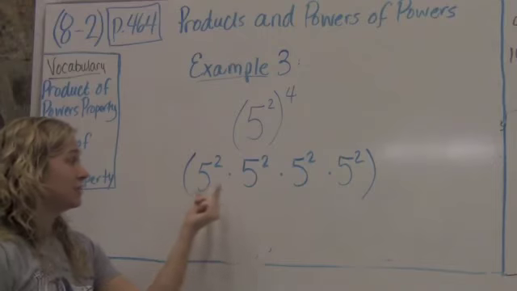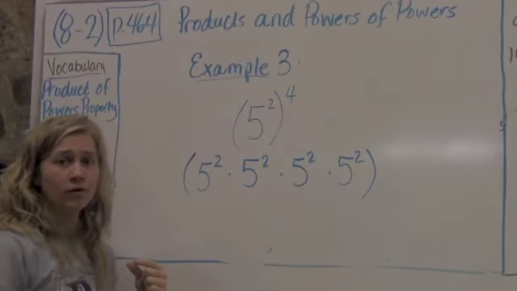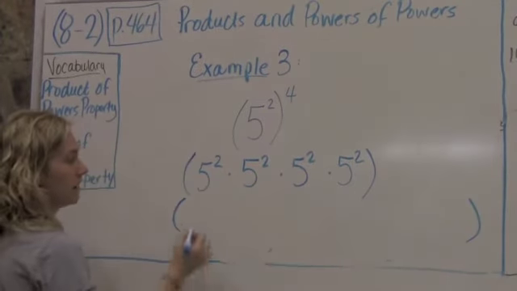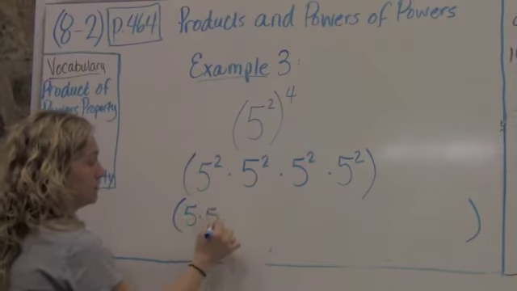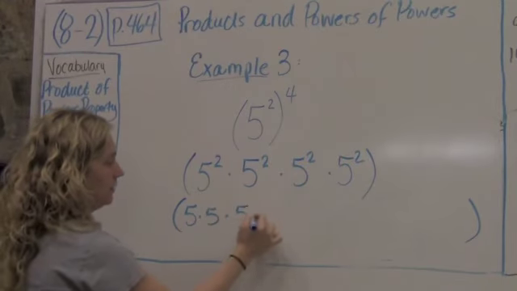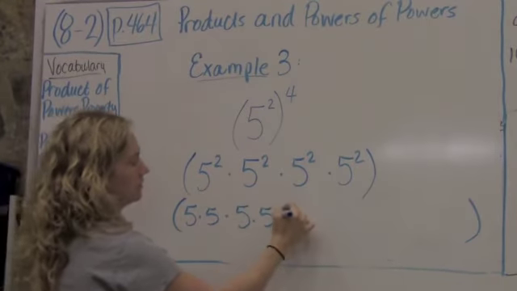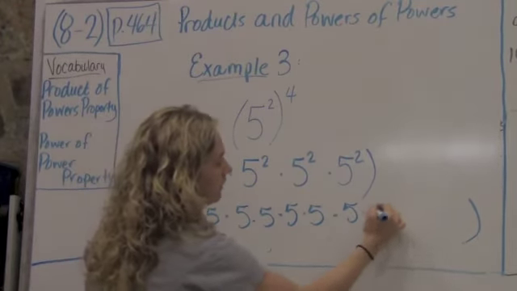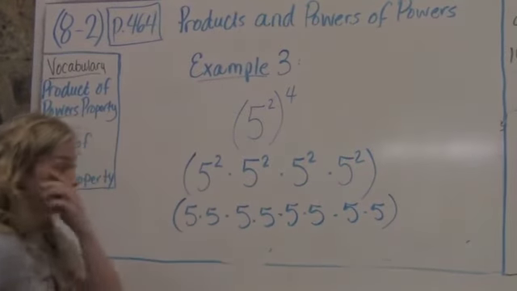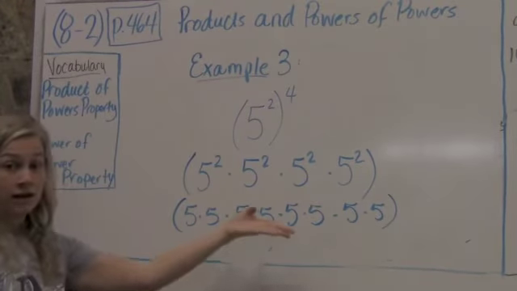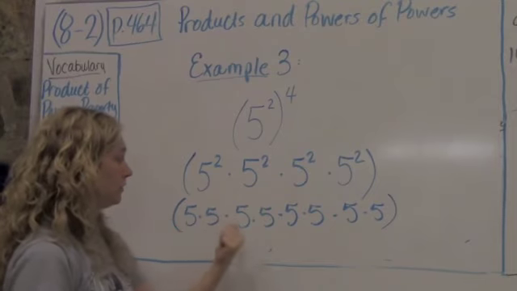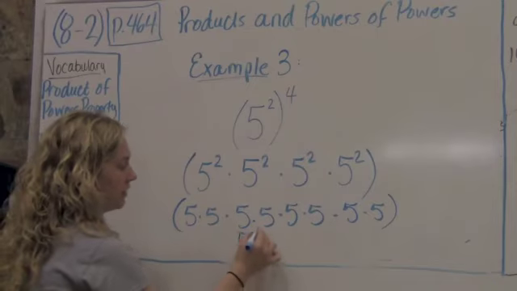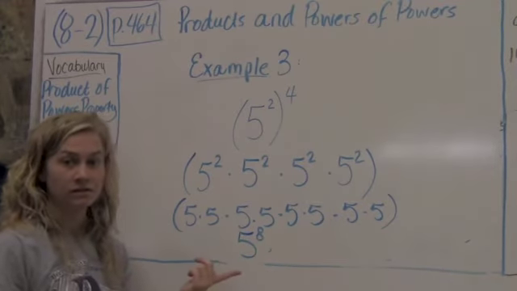Then, of course, each individual 5 squared power could be expanded further by saying 5 times 5 times 5 times 5 times 5 times 5 times 5 times 5. So you can then count your number of 5s, 1, 2, 3, 4, 5, 6, 7, 8. And to simplify, you would actually have 5 to the power of 8.